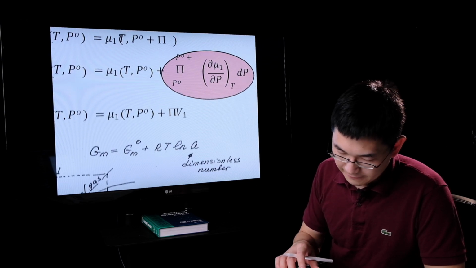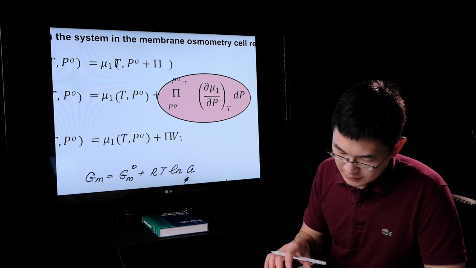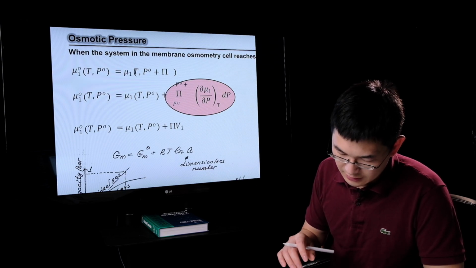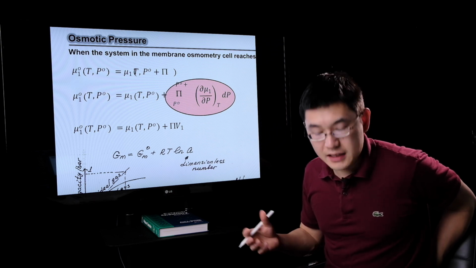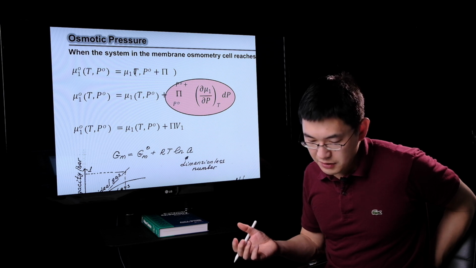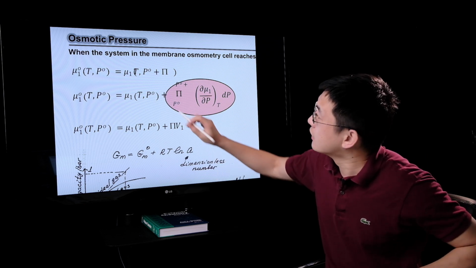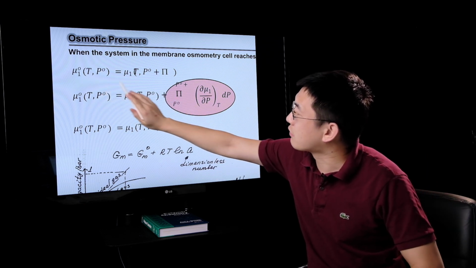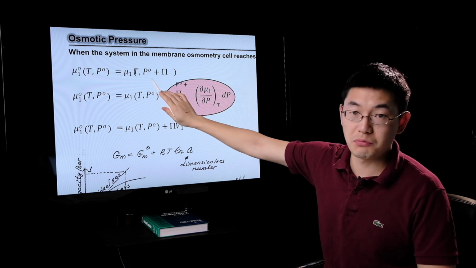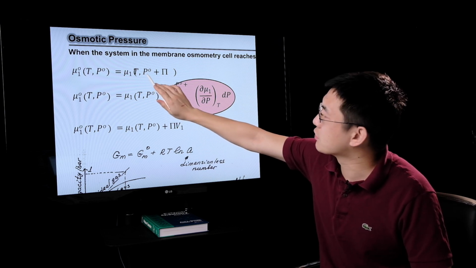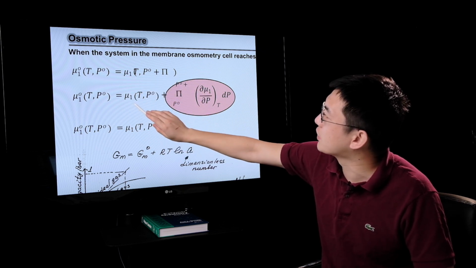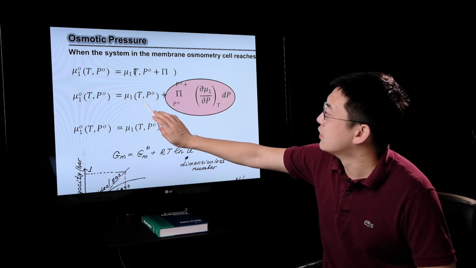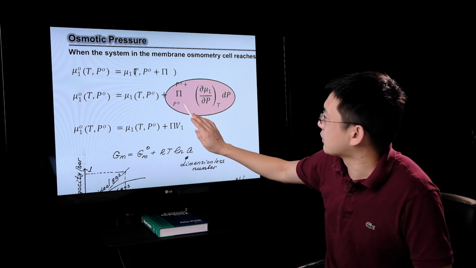With that, we now can discuss how we can understand this. By expanding this particular equation, we can conclude that the chemical potential on the left needs to be equal to that on the right for the solvents. We can expand on the right hand side, where you get the chemical potential plus the osmotic pressure.